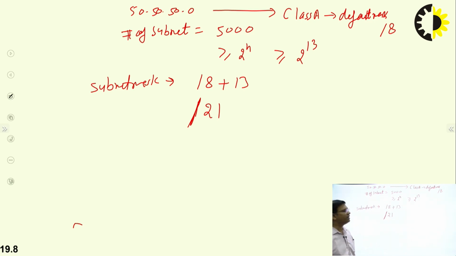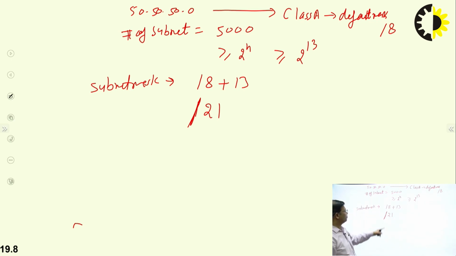How many subnets are there if we keep 2 to the power 13? 8192 subnets are there. So the rest of the subnets are wastage. But if we keep 2 to the power 12, then only 4096 subnets will be there. If you are happy to have 4096 subnets, then it's okay. Otherwise, we have to keep 2 to the power 13.